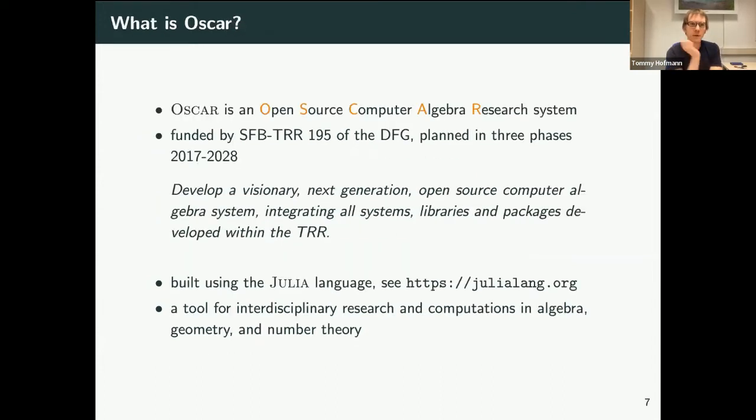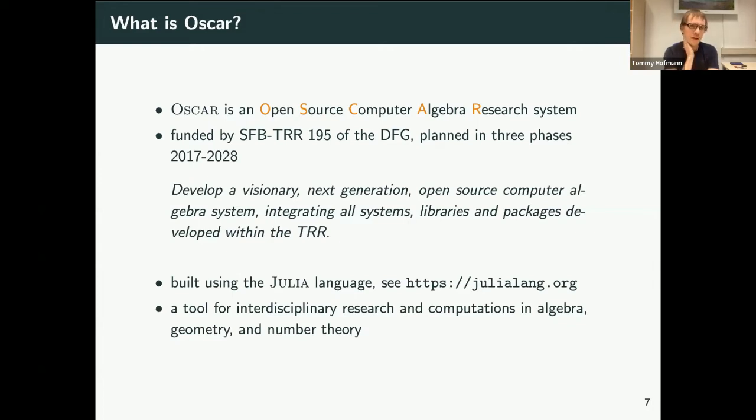Okay, so what is OSCAR? So it's a fancy acronym as usual. It stands for Open Source Computer Algebra Research System. So fancy name. It's funded currently by the DFG in 3 different stages over the range of 12 years.